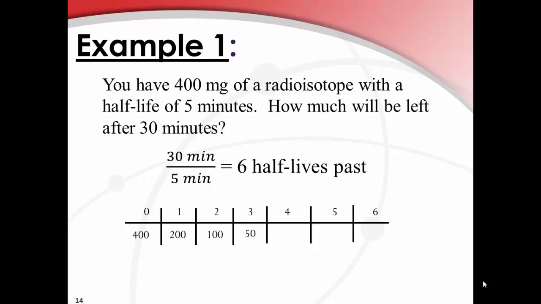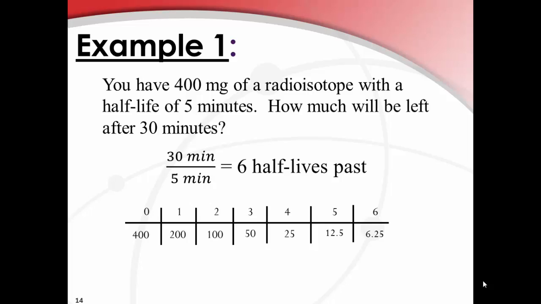After 3 half-lives go by, 50 milligrams will remain. After 4 half-lives go by, 25 milligrams will remain. After the 5th half-life passes, 12.5 milligrams will remain. And finally, at the 6th half-life period passed, only 6.25 milligrams of the original sample will be left.